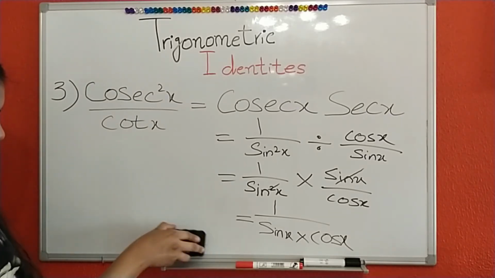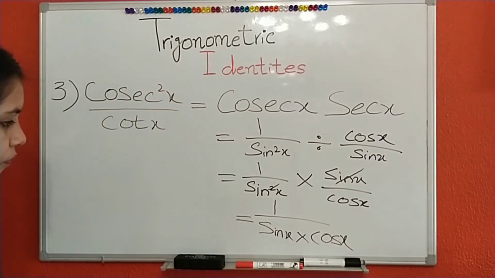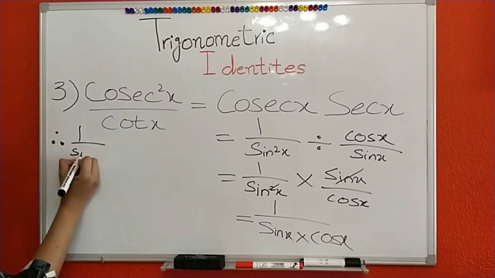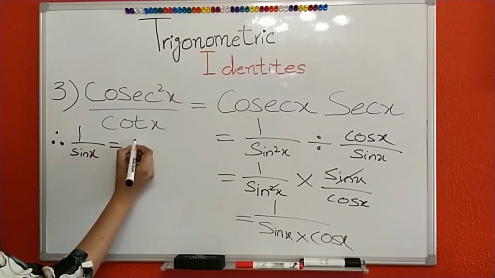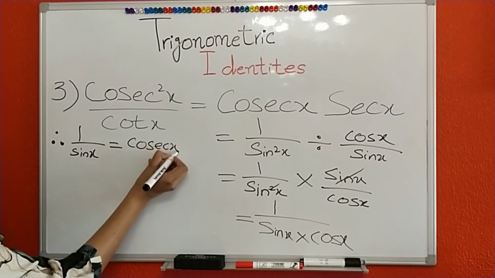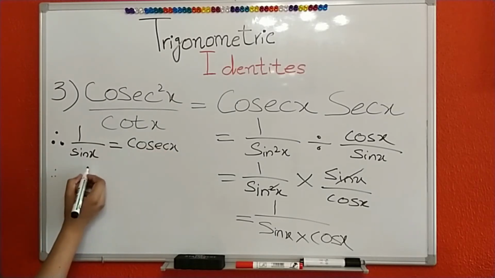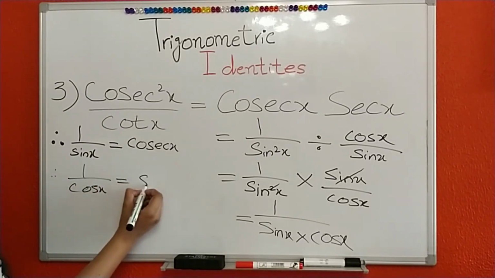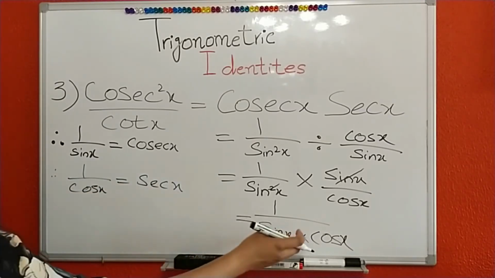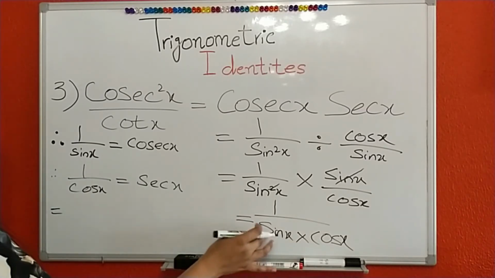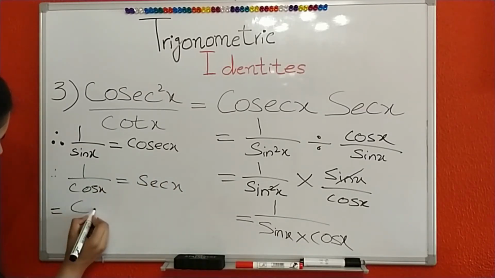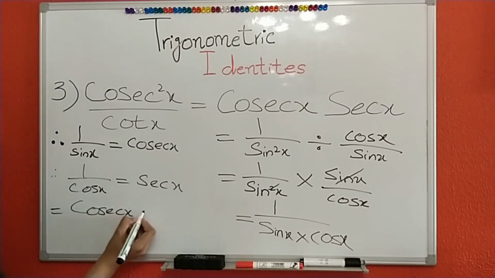So as I know that 1 over sin x is the reciprocal of cosec x and 1 over cos x is the reciprocal of sec x. So I'm just putting in this side, like now what I will have, cosec x into sec x.